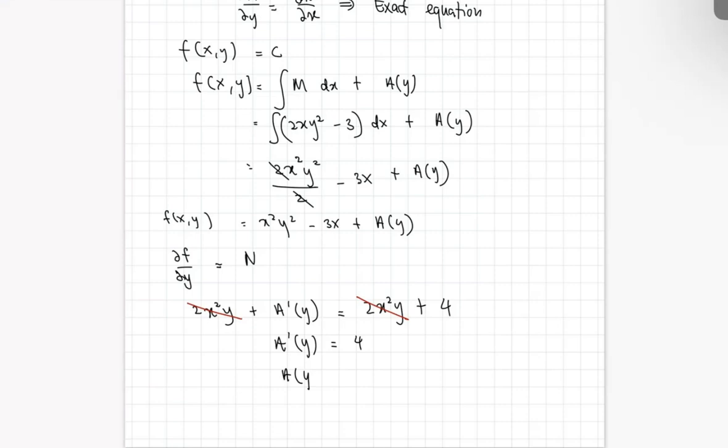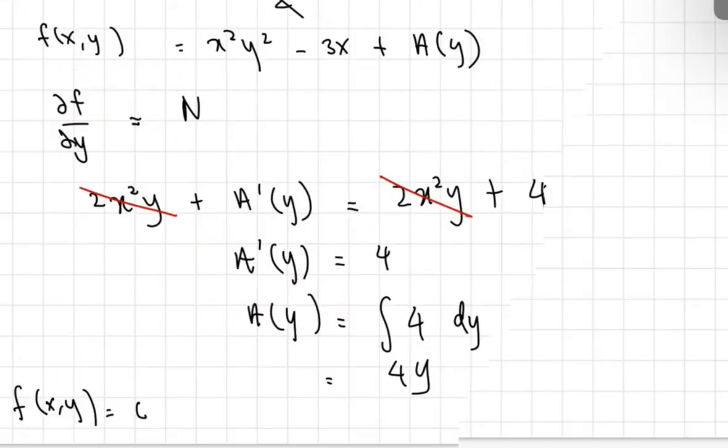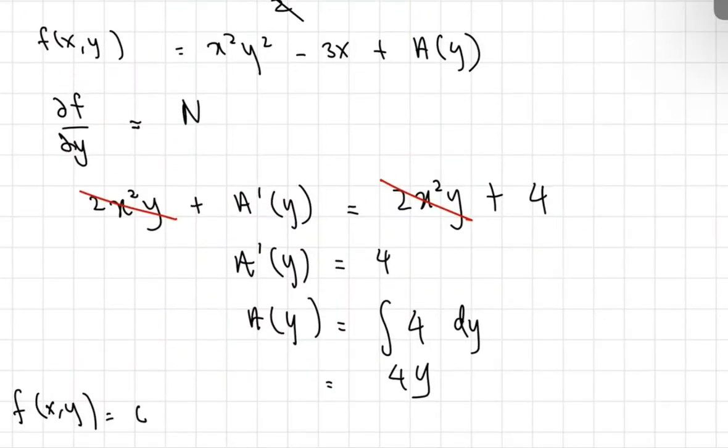So what is a(y)? Integration of 4 with respect to y, so this one is 4y. Then combine all together. So the solution will be f(x,y) equal to c. Let me make it bigger. So f(x,y): x squared y squared minus 3x plus 4y equal to c.